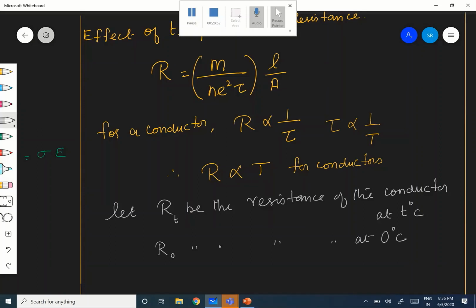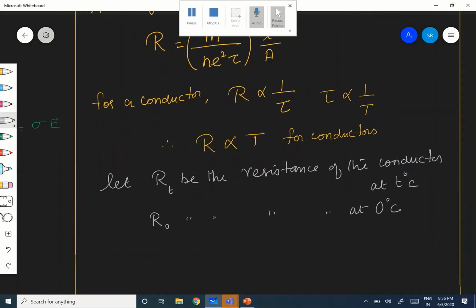Okay, how are they related? Now we are going to see how resistance varies with temperature. We know for a conductor R is directly proportional to T, but what is the relation? RT is the resistance at T degrees Celsius and R0 is the resistance at 0 degrees Celsius.